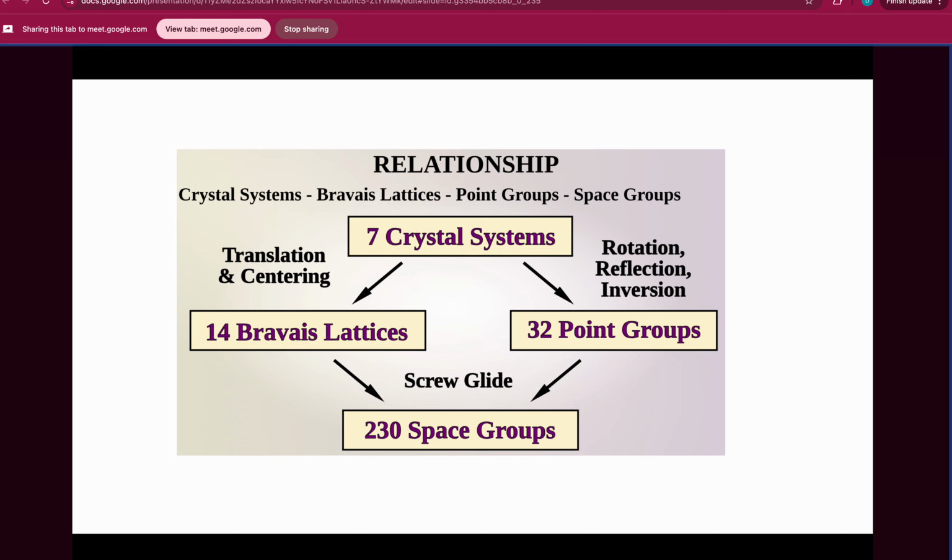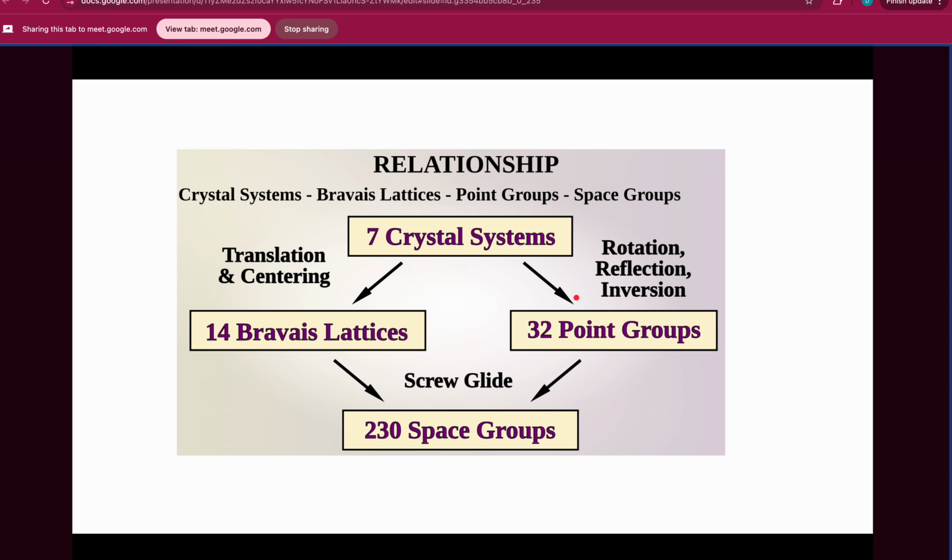Yeah, so this is just to sum up all the things we have seen so far about crystals: crystal systems, Bravais lattices, point groups and space groups. There are a total of 7 crystal systems. If we perform translation, centering, based on face centering or translations, we can generate 14 Bravais lattices.